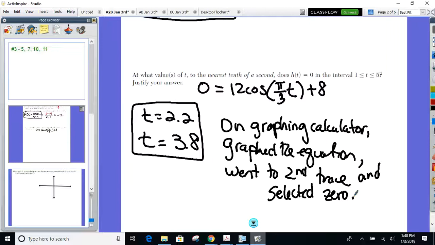That's what I need. Tell me exactly what you did on the calculator. And that is any time you use the calculator solely for an answer. If you have no work shown and you just use the calculator, write down what you did so you can get full credit. You guys all good there? Okay, 32.